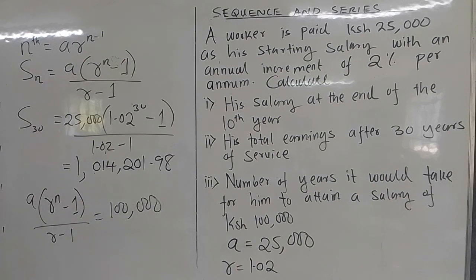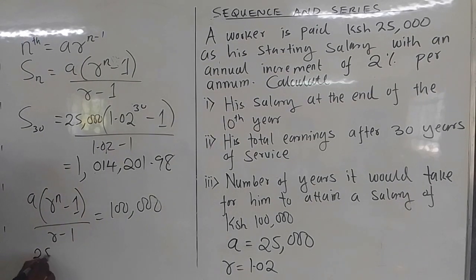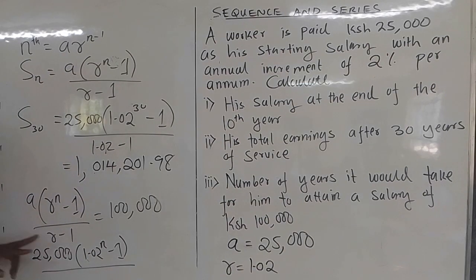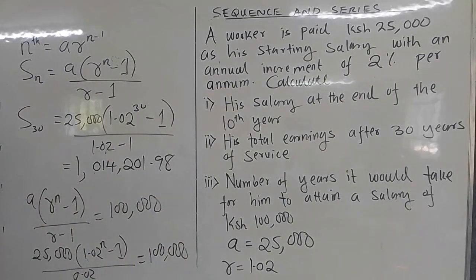So start substituting. Where there is A, put the value of A, which is 25,000 into R raised to power N, R is 1.02 raised to power N minus 1, then it is over R minus 1, 1.02 minus 1, that is 0.02, to be equals to 100,000. So if you solve this problem, what do you get to be N?